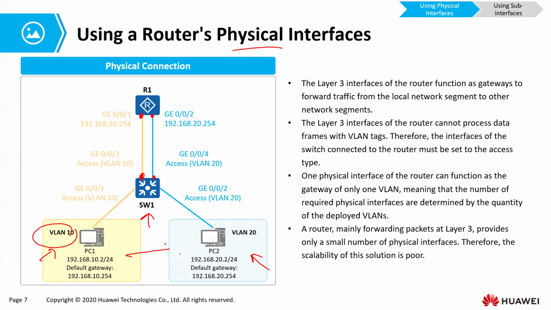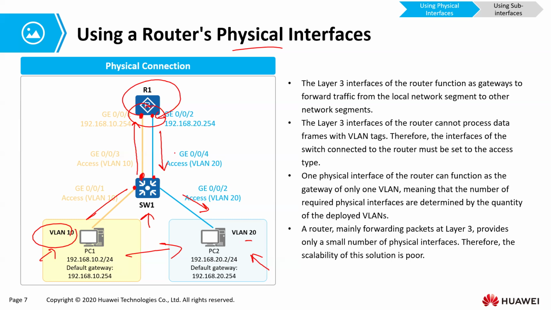If I want to communicate from a device in VLAN 10 to VLAN 20, the traffic goes to the switch, gets tagged with VLAN 10, then uses this link to get to the router. The router consults its routing table, then forwards to this other interface, then uses this path to get to VLAN 20. So basically here we are using two physical interfaces on the router to allow for communication between our VLANs.